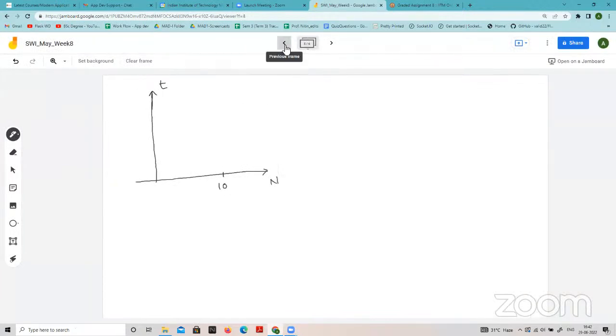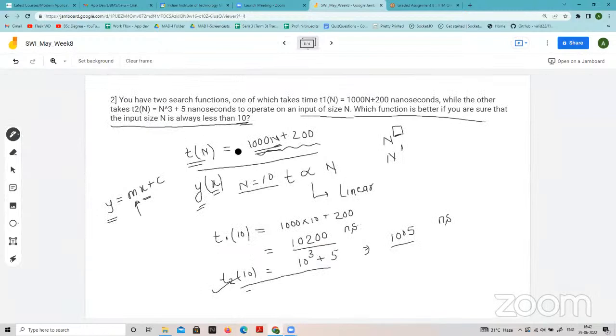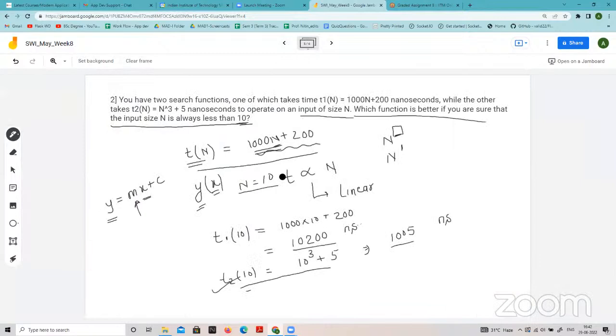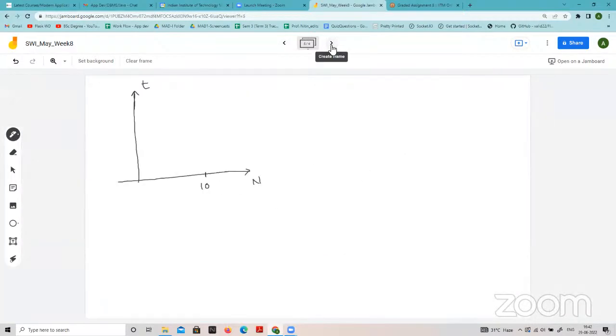Both these search functions are nothing but functions, and any mathematical function can be plotted. As I said, one satisfies the condition of a straight line and is easily plottable. The other one is cubic, so that can also be plotted. But just for the example, consider both linear.